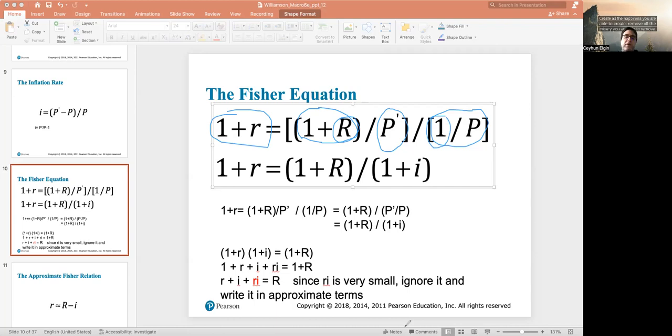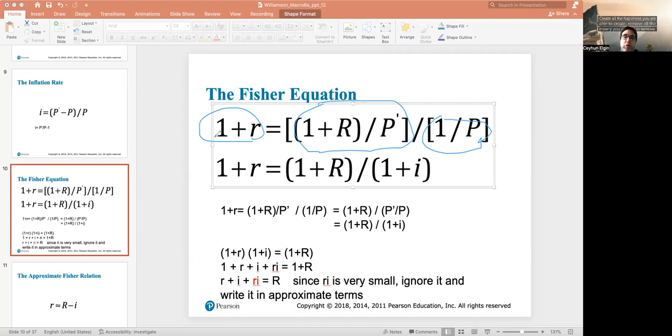So the purchasing power of 1 plus R dollars next year is 1 plus R divided by P prime, whereas the purchasing power of $1 this year is 1 over P. And the ratio, the purchasing power next year divided by the purchasing power this year, is 1 plus the real interest rate.